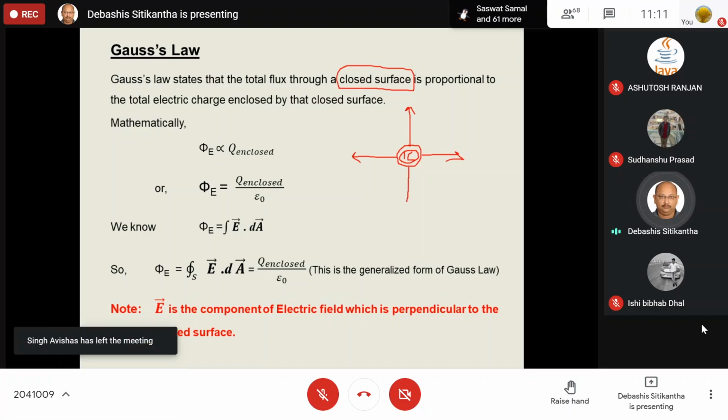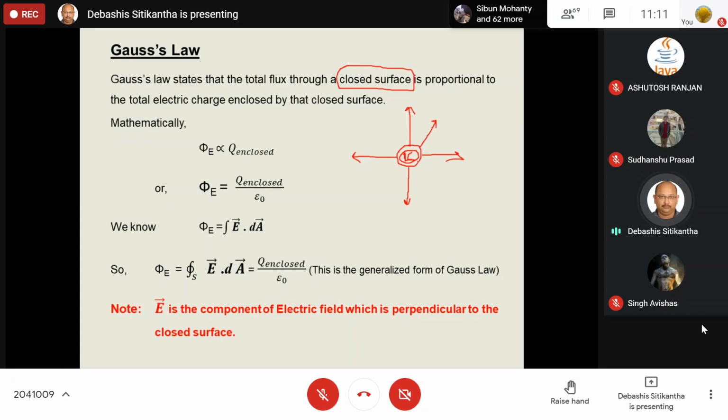If I have 1 coulomb of charge enclosed by this closed surface, and it gives me 4 electric field lines, then if I increase the charge from 1 coulomb to 2 coulombs, the number of electric field lines is going to be doubled.